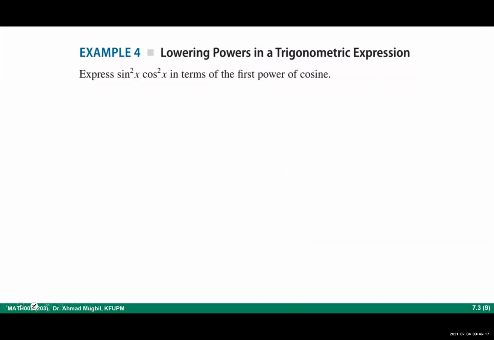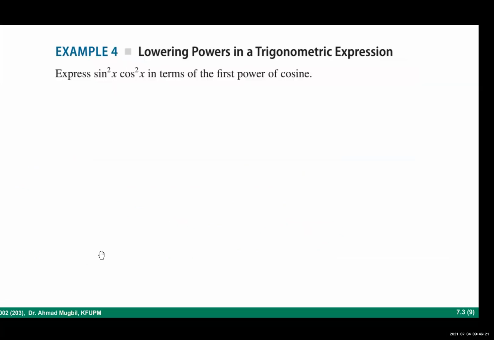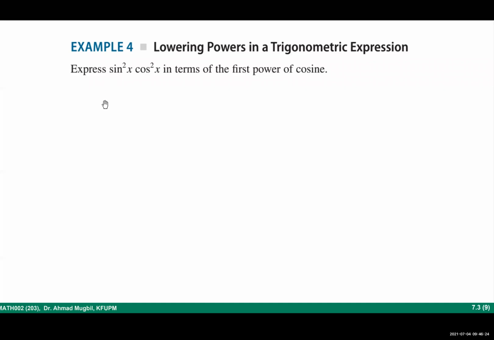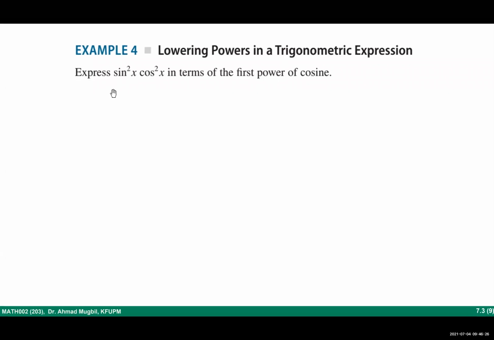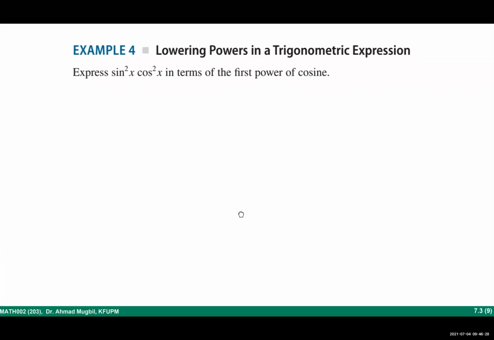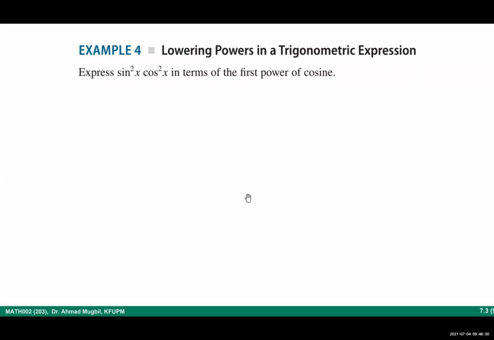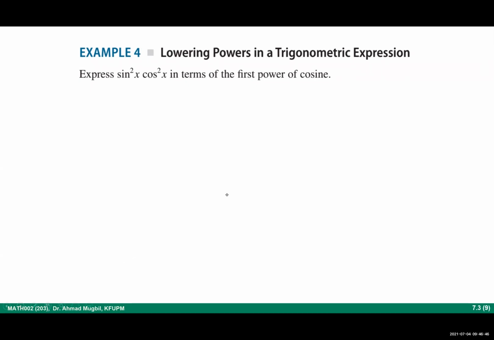Let's take an example about this. Express sine squared x cosine squared x in terms of the first power of cosine. Okay, so now what we have, guys, is sine squared x cosine squared x.